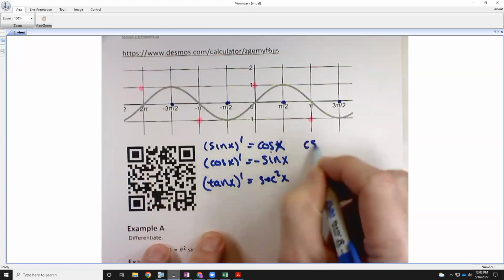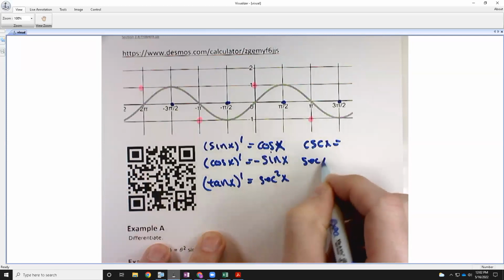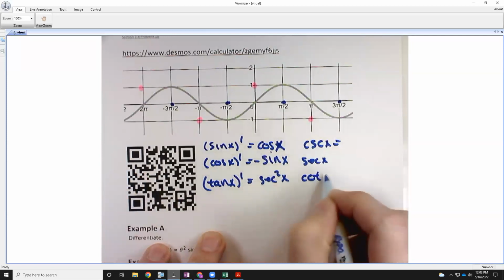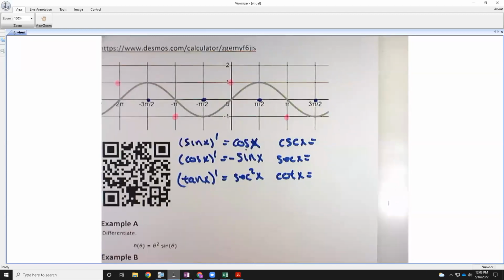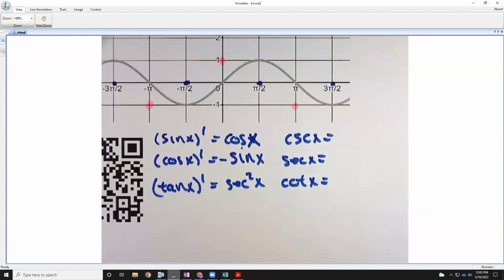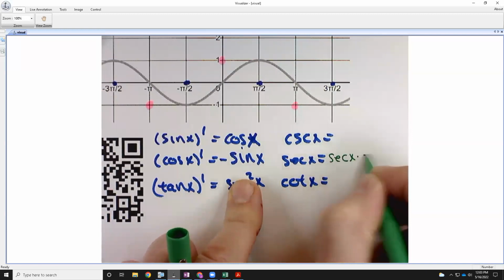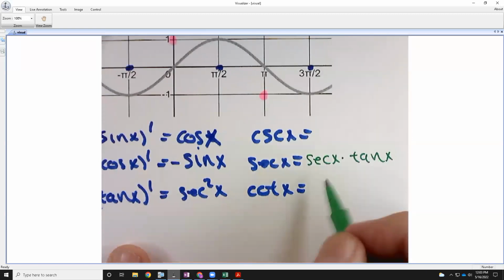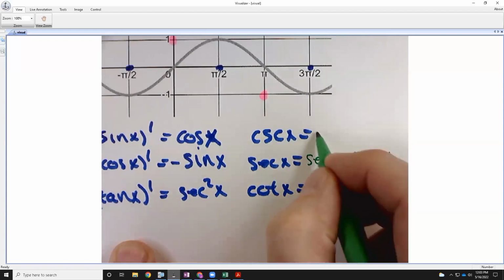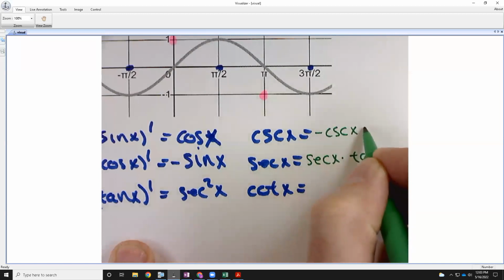And let's see what else here. Then we've got the cosecant of x, the secant of x, and the cotangent of x. And I'm hoping I left myself enough room to write their derivatives here. Let's see if I can't squeeze those in. Derivative of secant is the secant times the tangent. Derivative of the cosecant is minus cosecant times cotangent.